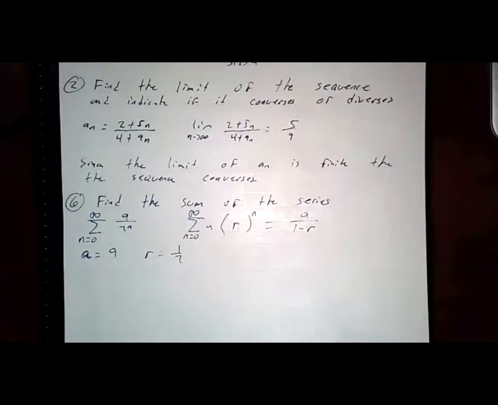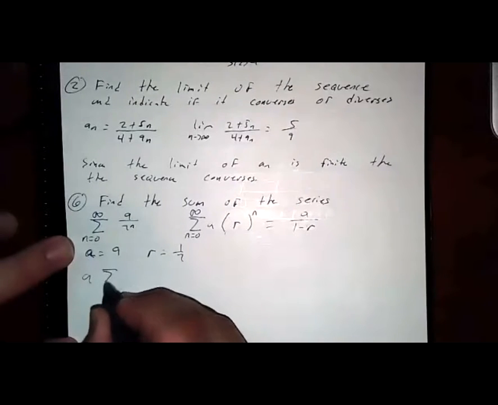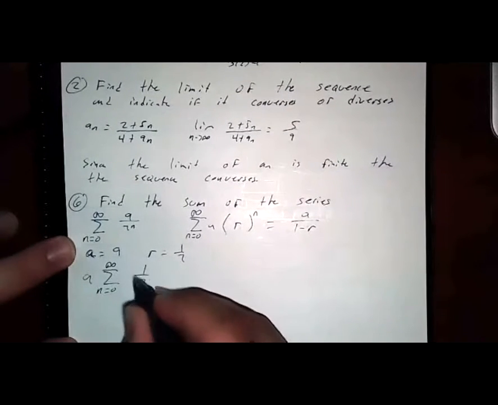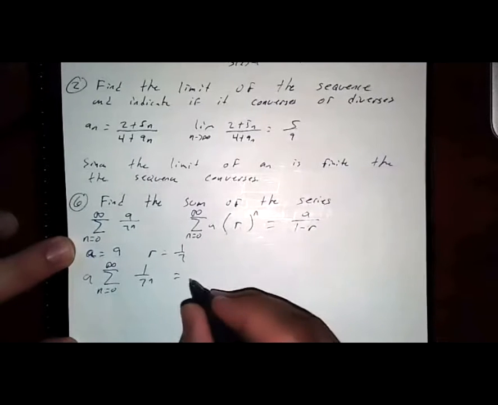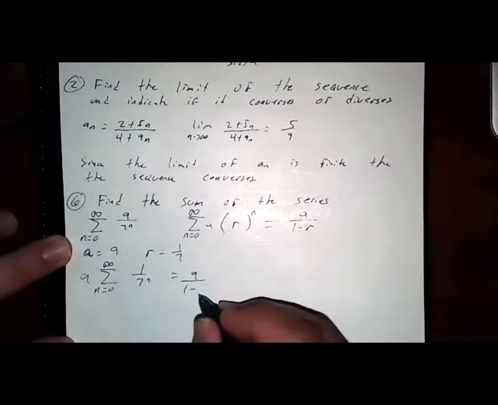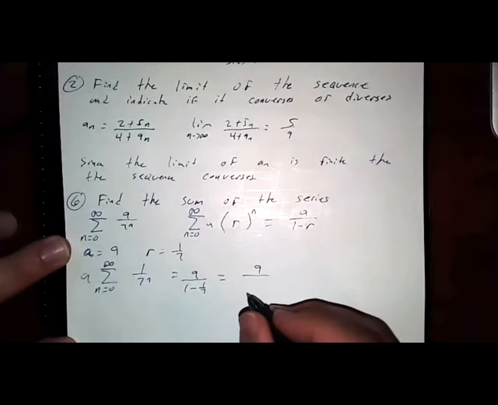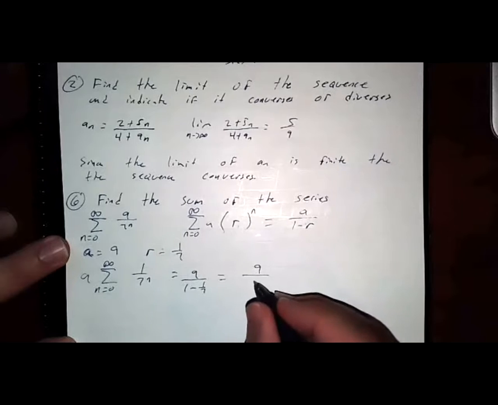Okay. So pull out the 9, the sum. So we got 1 over 7 to the n, which would give me 9 times 1 over 1 minus r, which is 1/7, which is 9 over 7 over 7 minus 1, 6/7.